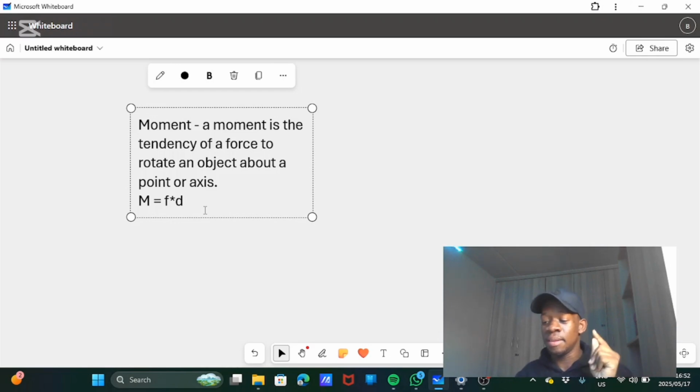D is the perpendicular distance from the pivot or axis to the line of action of the force. Let me repeat: in simple words, D is the perpendicular distance from the pivot or axis to the line of action of the force.